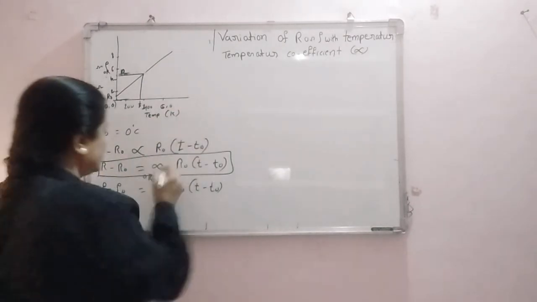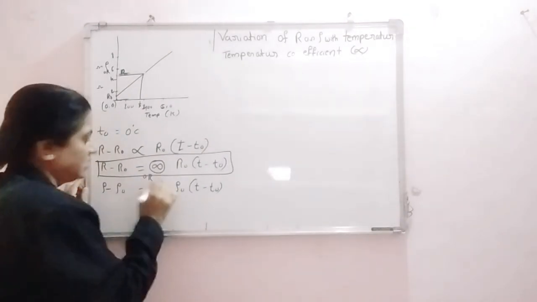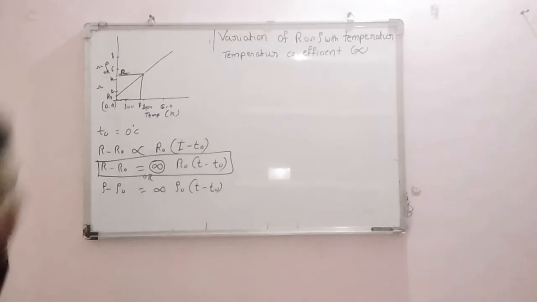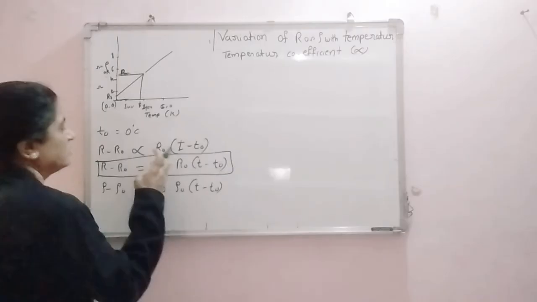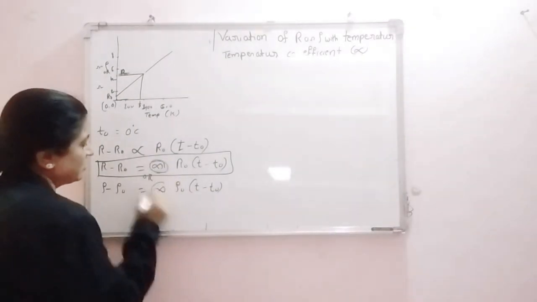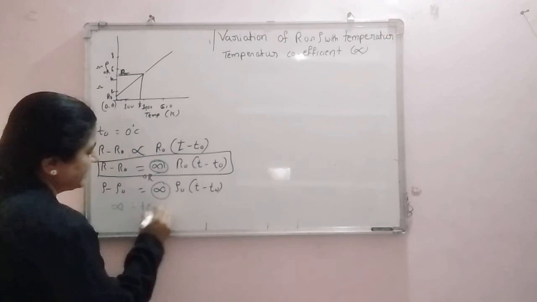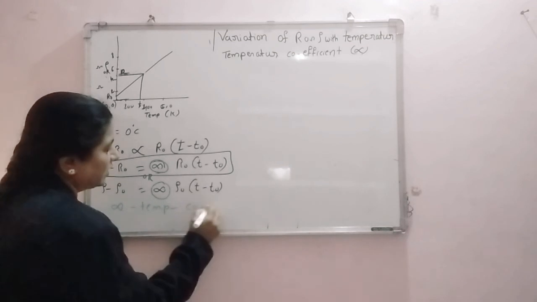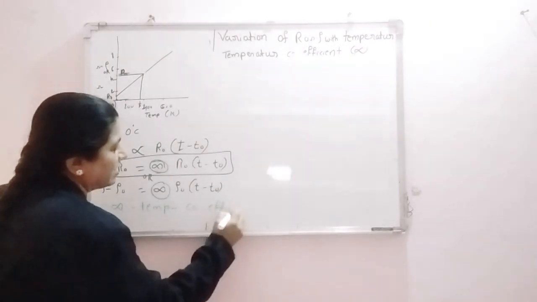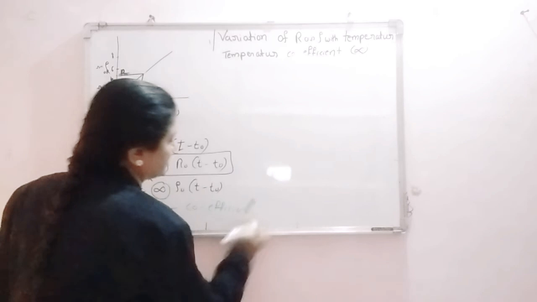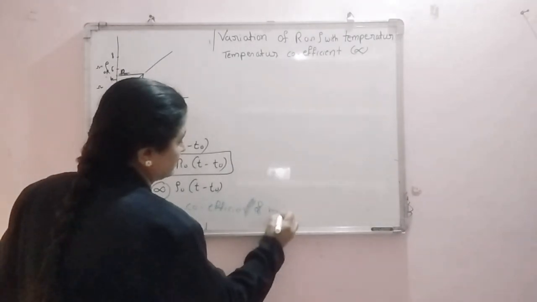Okay. So what is this constant? Whatever constant I am getting here is called the temperature coefficient of resistance of the material.